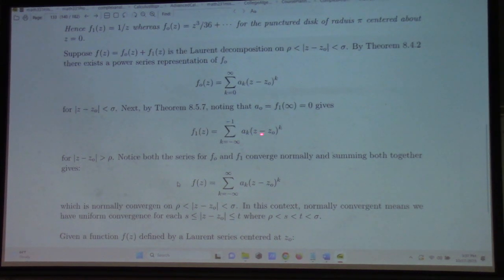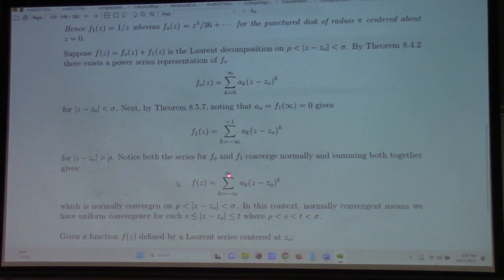There's no constant term because it's 0 at infinity. So F1 of Z is that, and F0 of Z is this. They both converge normally on the annulus, which means you can add them together without worrying about reordering terms.